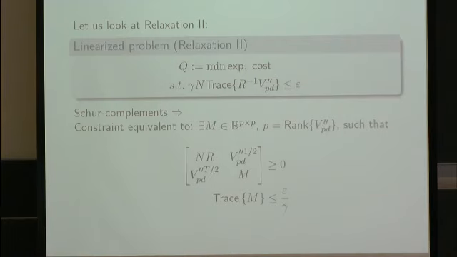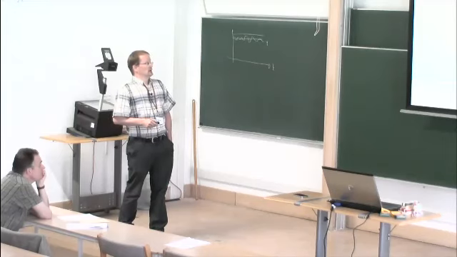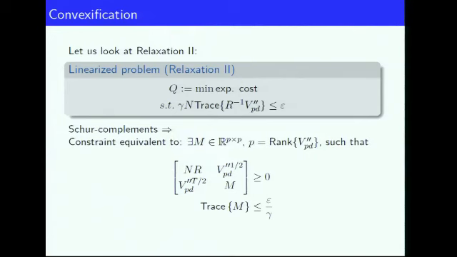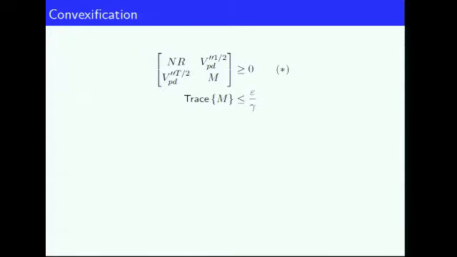One matrix inequality and one trace inequality here, where M now is a new matrix. It's a symmetric matrix with dimension equal to the rank of the Hessian here. And this quantity here is just the Cholesky factor of the Hessian of the performance degradation. So these are the inequalities that we have to satisfy.